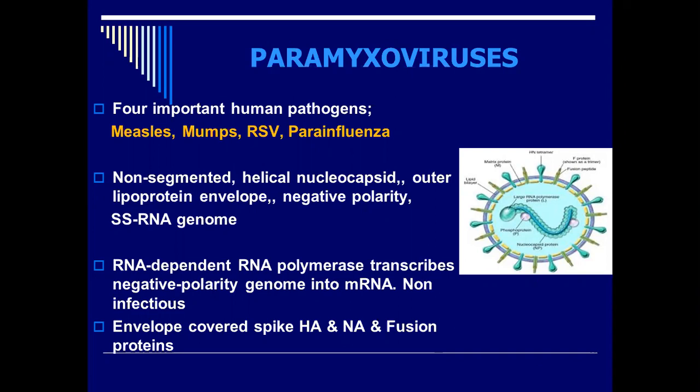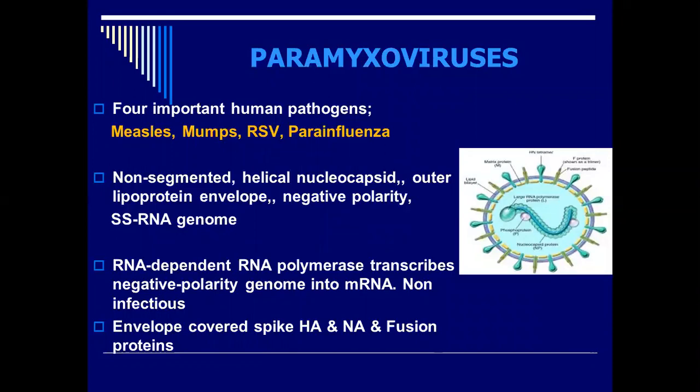So the influenza virus A, B, and C belong to the orthomyxovirus group, whereas the parainfluenza, along with the respiratory syncytial virus, the measles and mumps virus, belong to a group of viruses known as the paramyxoviruses.